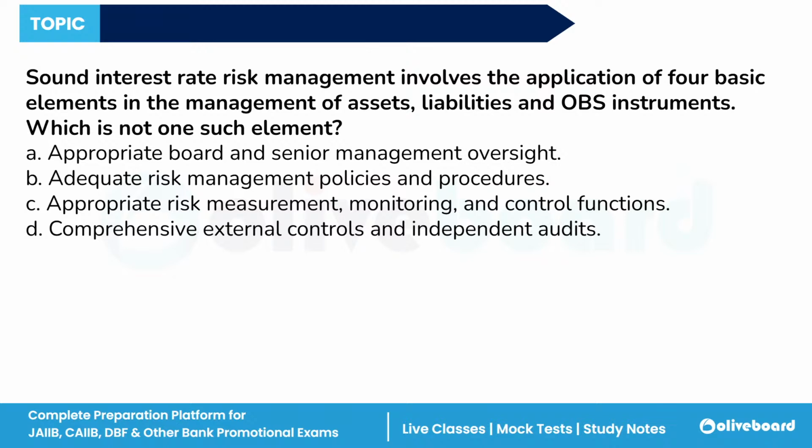Appropriate risk management, monitoring and control functions. And comprehensive internal controls, which include internal audit. External audit and control are not usually considered part of the core framework for managing interest rate risk itself. So here we can say option D is incorrect, meaning it is the correct answer, not one such element: comprehensive external control and independent audits. Clear? All set for the next question.